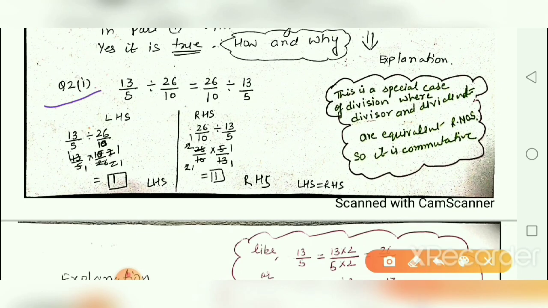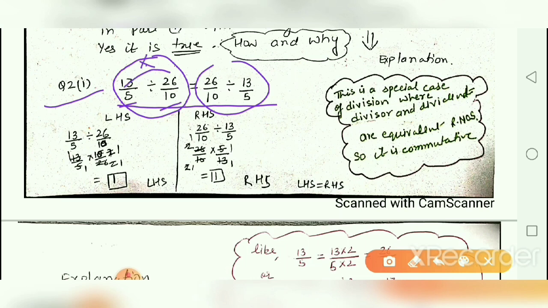Here is the question, question number 2. This is the first part. From the question, we can easily judge that rational number 1 and rational number 2 are equivalent rational numbers. That means if we multiply 13 by 2, we get 26, and 5 by 2, we get 10.